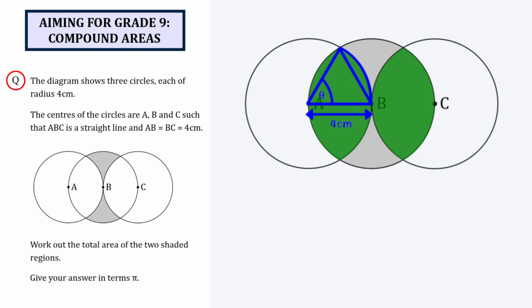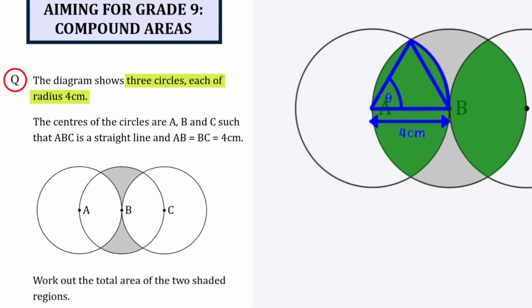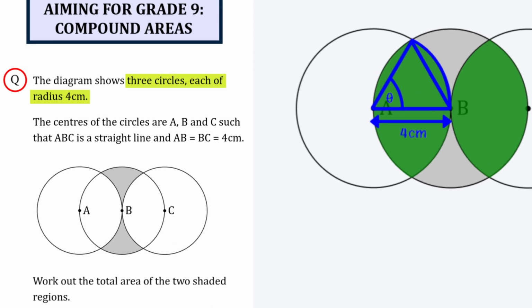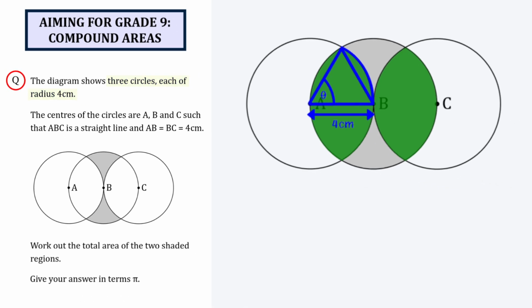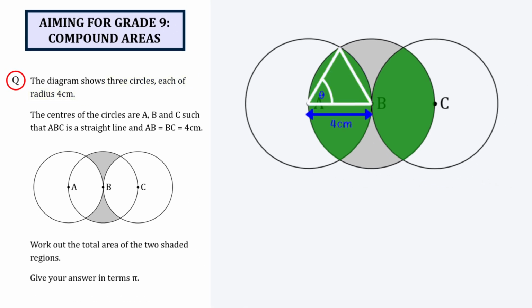And this triangle has sides which are equal in length. We know they're equal in length because two sides are the radiuses of the circle with centre A, and this side is the radius of the circle with centre B. And we're told that all of the circles have a radius of 4 centimeters. So we can conclude that this triangle must be an equilateral triangle. And so all of its angles must be 60 degrees.